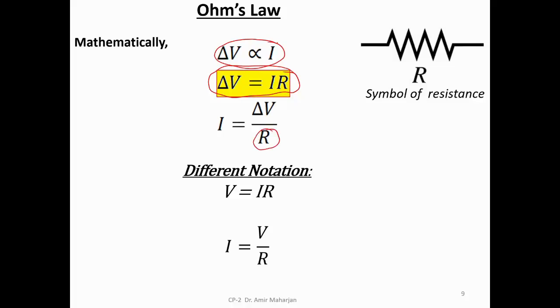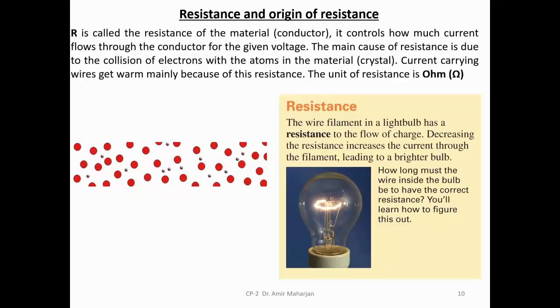R is the resistance of the given material, and that's caused by electron friction. You will see different notation. You can say delta V is IR, and you can also say V is IR. That's essentially the same. V and delta V are the same.